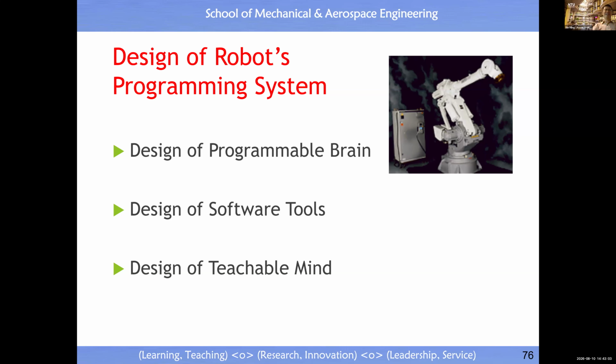So this slide actually touches two important disciplines. One is the design of an electronic brain, another is AI. This is a very, very big topic, and we cannot afford to spend too much time talking about the design of the programming system. The only thing for you to pay attention to is to offer library functions for the user to program your robot. That is a must.